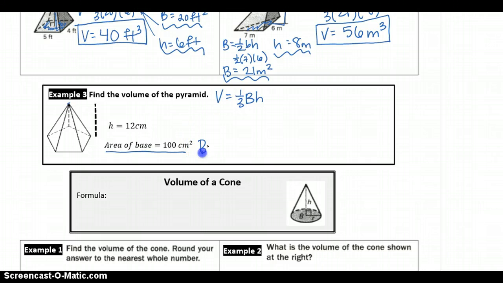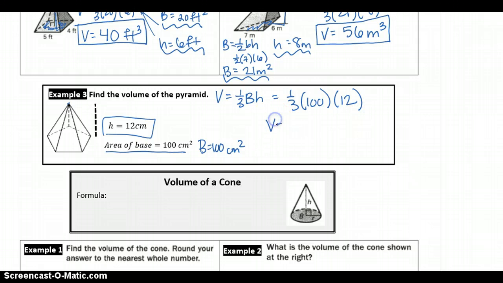So capital B equals 100 centimeters squared. And it gives us that the height here is 12 centimeters. So all we have to do is plug this into our formula. So we will have 1/3 times 100 times 12, which when we multiply all that out, we will get that the volume equals 400 centimeters cubed.